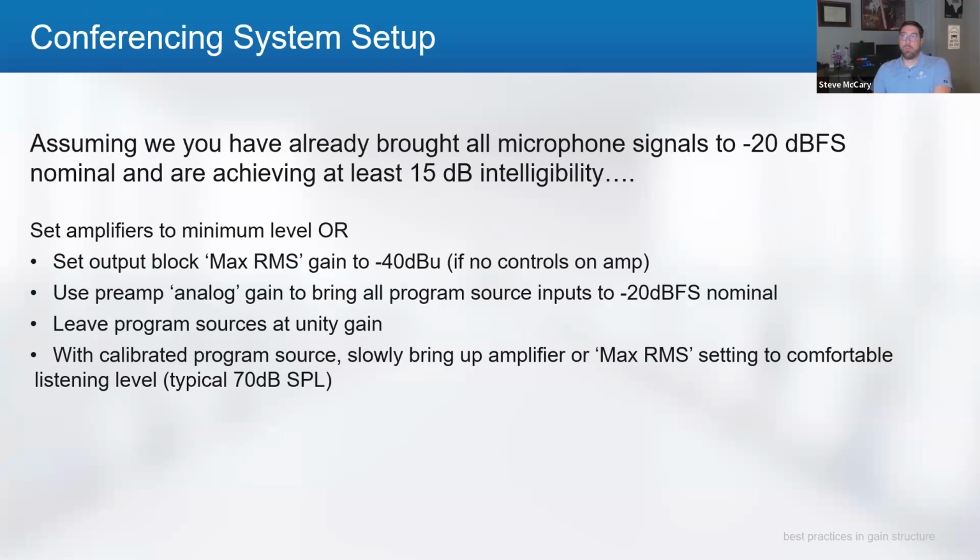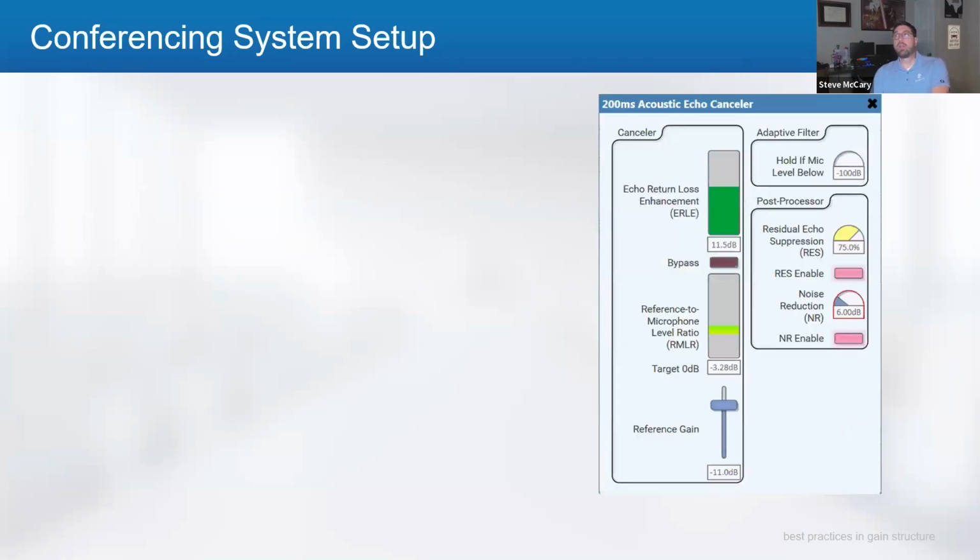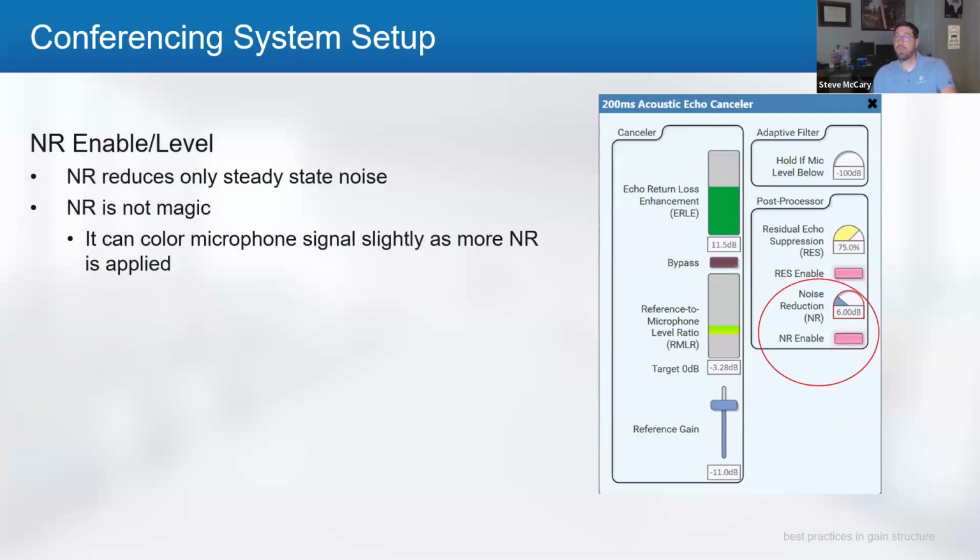Okay, so we are going to assume that we have our gain structure set up on the input side. Again, we want to make sure that we are at -20 dBFS with all of our inputs. This includes our far end. And now we can go through and tune our AEC. So we can go through with our noise reduction.